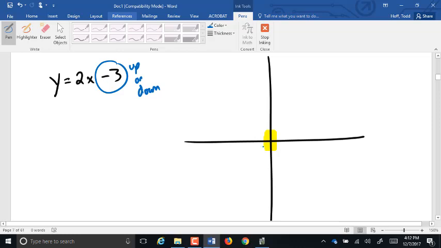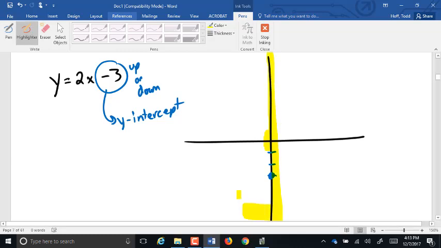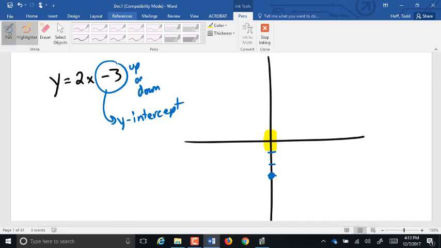Since that's a -3, we go down 1, 2, 3. So this line starts there at -3. That's referred to as the y-intercept. The long term, it used to be called the y-axis intercept. They just have shortened it. This is, remember, the y-axis here. That's where the line crosses the y-axis. It intercepts the y-axis.